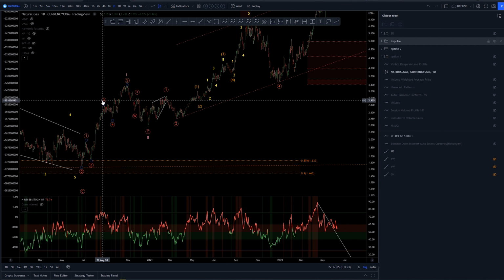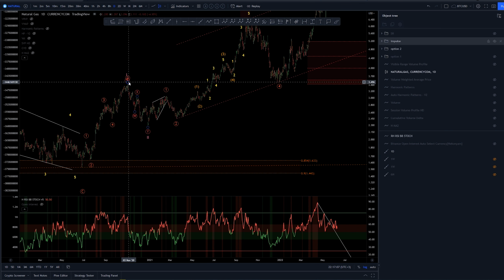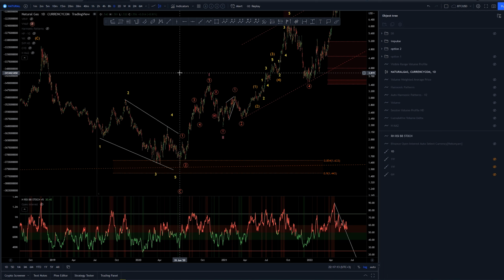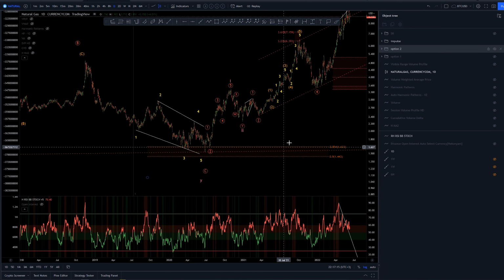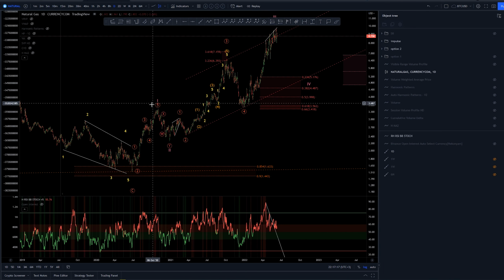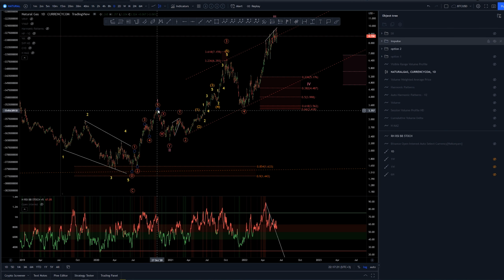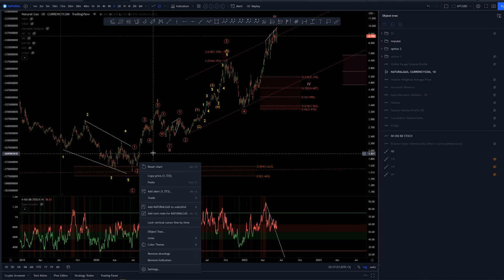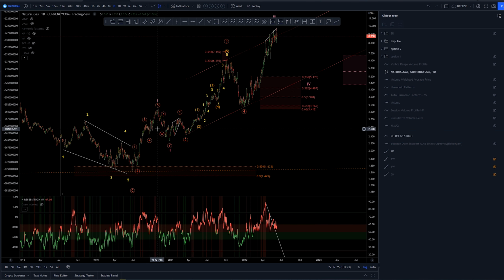So 1, 2, 3, 4, 5 as a primary structure into wave 1. Now, I'm not sure, this is probably the wrong degree, as this hasn't taken basically any time. Usually this cycle should be longer, at least I would think, but again, we'll just use this for now.